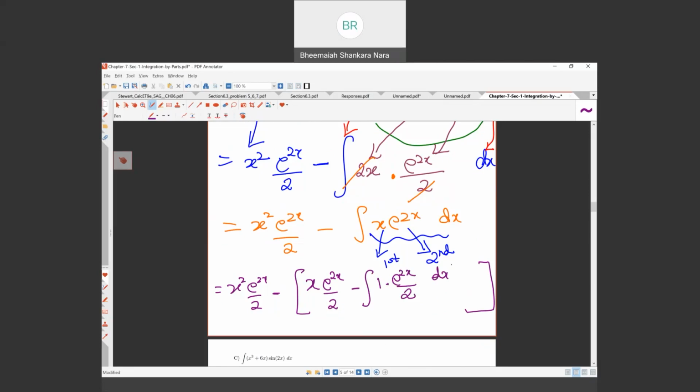Now simplify these terms, also multiply the negative sign outside. So this is x square e to the 2x divided by 2 negative x e to the 2x divided by 2, and when you multiply the negative sign and integrate, you get e to the 2x divided by 4, and then a constant of integration plus c.